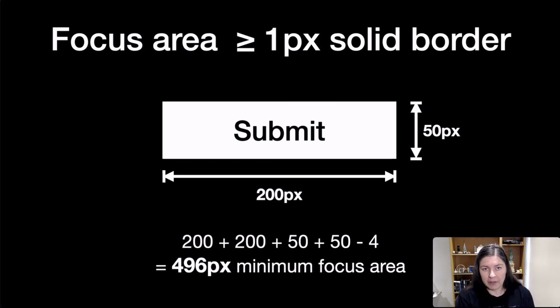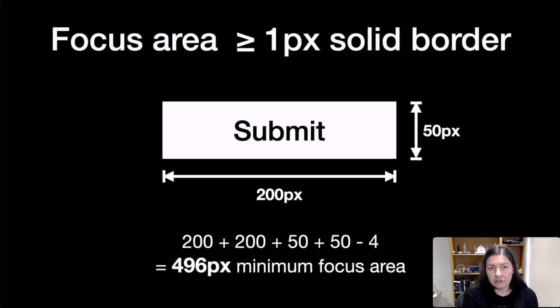So for my submit button, my example here with a width of 200 pixels and a height of 50: 200 width, 200 top, 200 bottom, 50 left, 50 right, minus 4, because we always count the corners twice, and there's 4 corners, means that we need a focus style for this particular button which takes up at least 496 pixels.